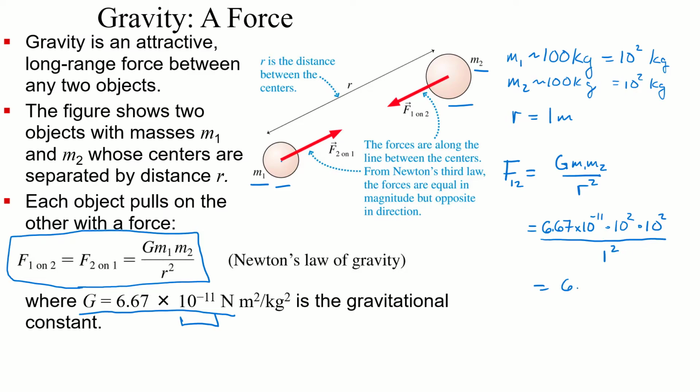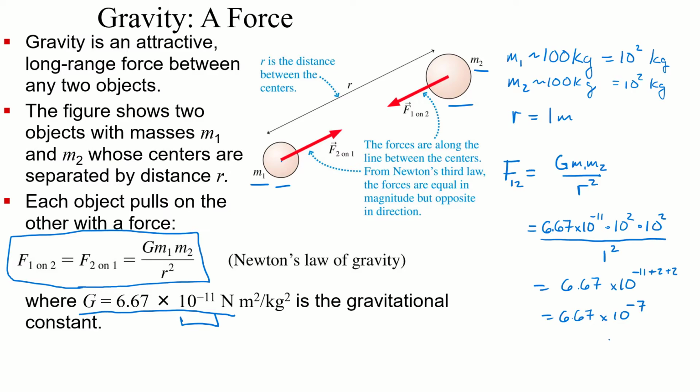So this is going to be 6.67 times 10 to the negative 11 plus 2 plus 2. This is 6.67 times 10 to the minus 7, right?